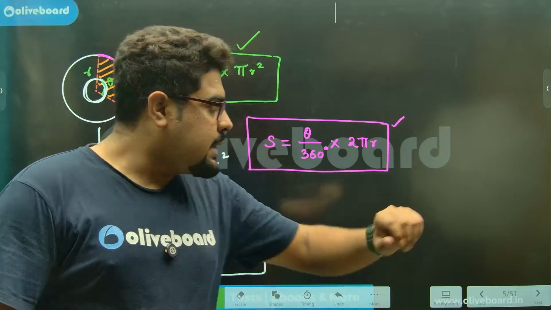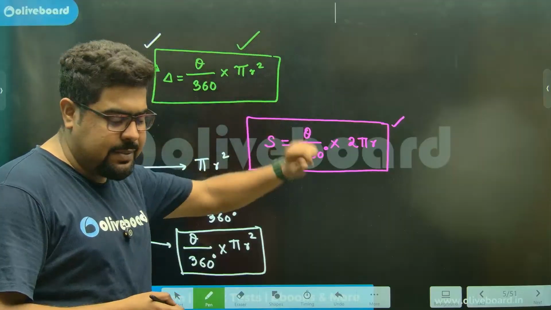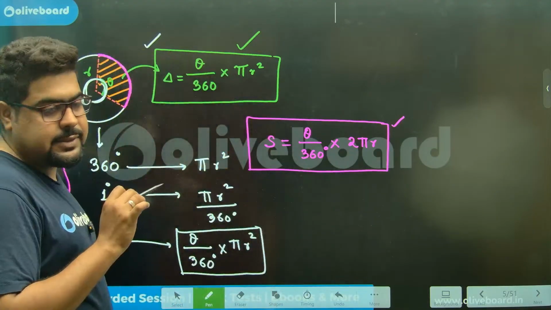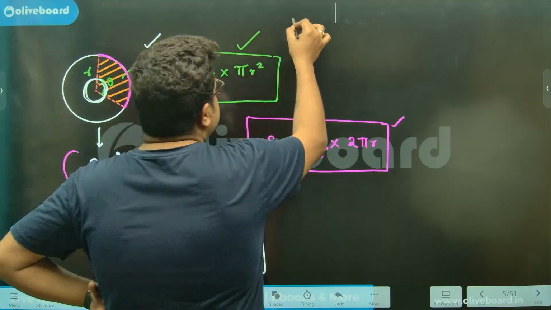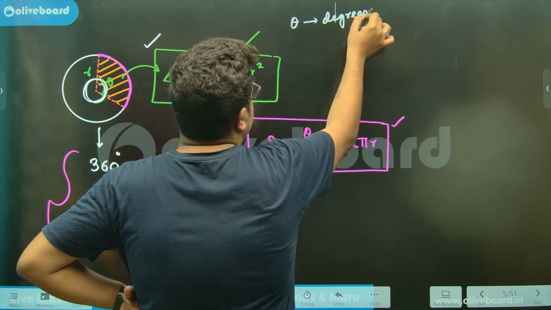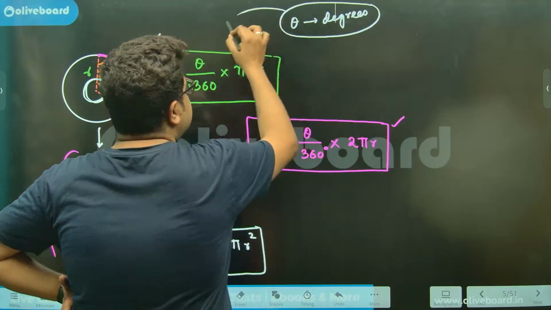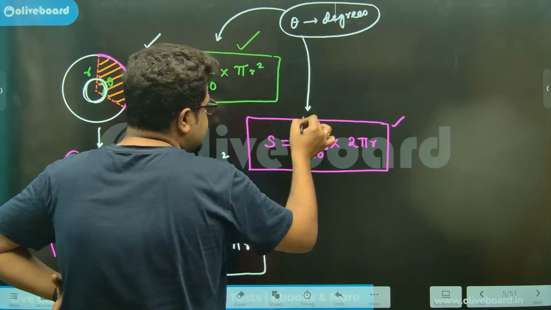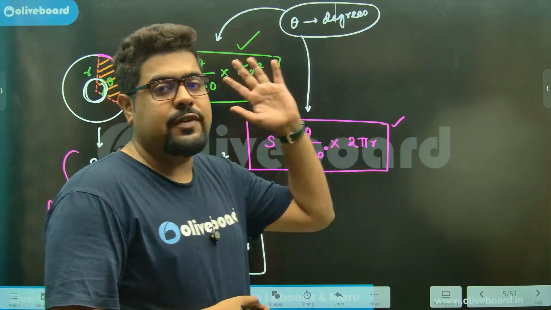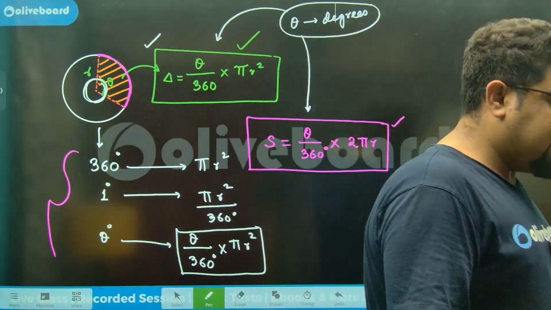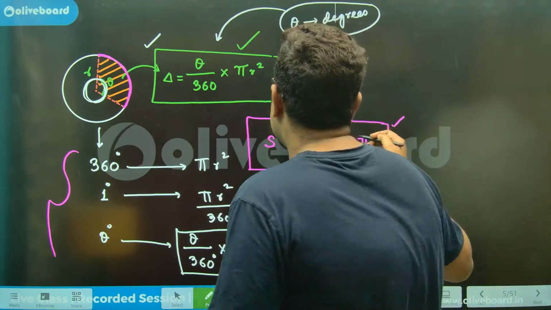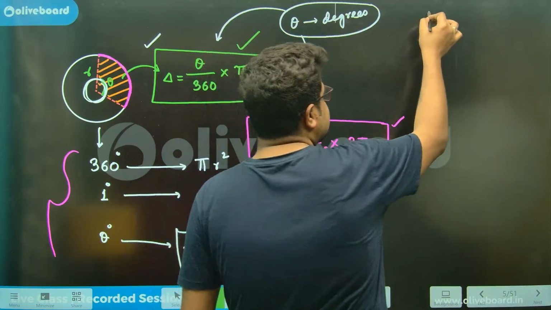But please remember, in all our calculations, we are using theta in terms of degrees, in here as well as in here. What if theta is not given in degrees but in radians, because the SI unit of angle is radian?